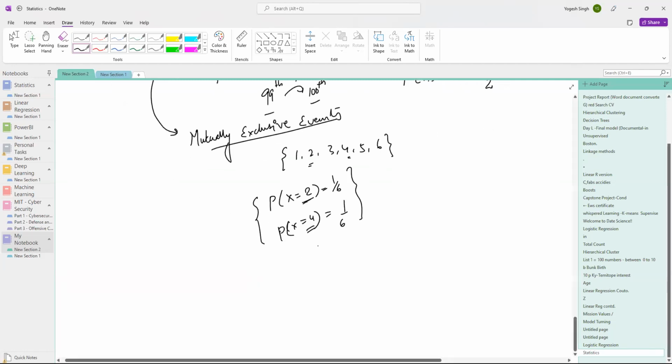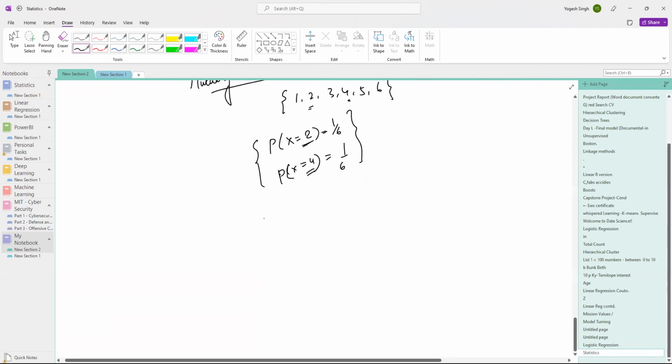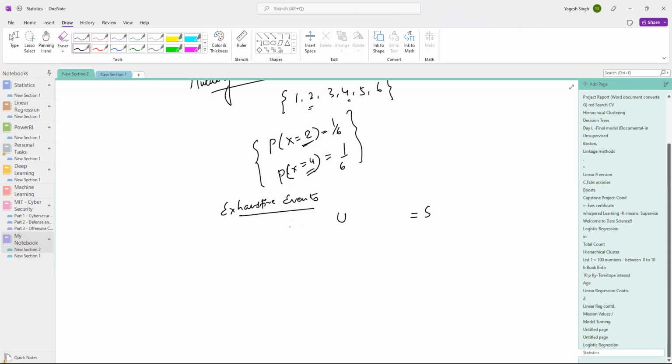Now we'll talk about exhaustive events. Exhaustive events are events whose union gives me the sample space. All of us know the union, right? Yes, sir.